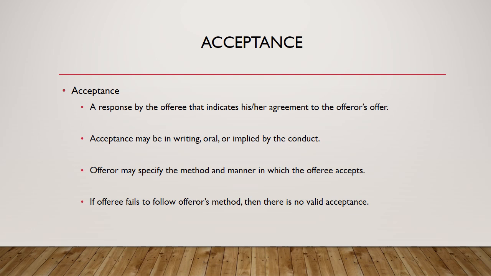But if the offeror does specify exactly how the offer is to be accepted, then the offeree has to follow that. If the offeree fails to follow the required method, then there will be no valid acceptance. So if they say you've got to email us, and they give you an email address, and you send them a text message, that's not going to be valid acceptance based on the offer.